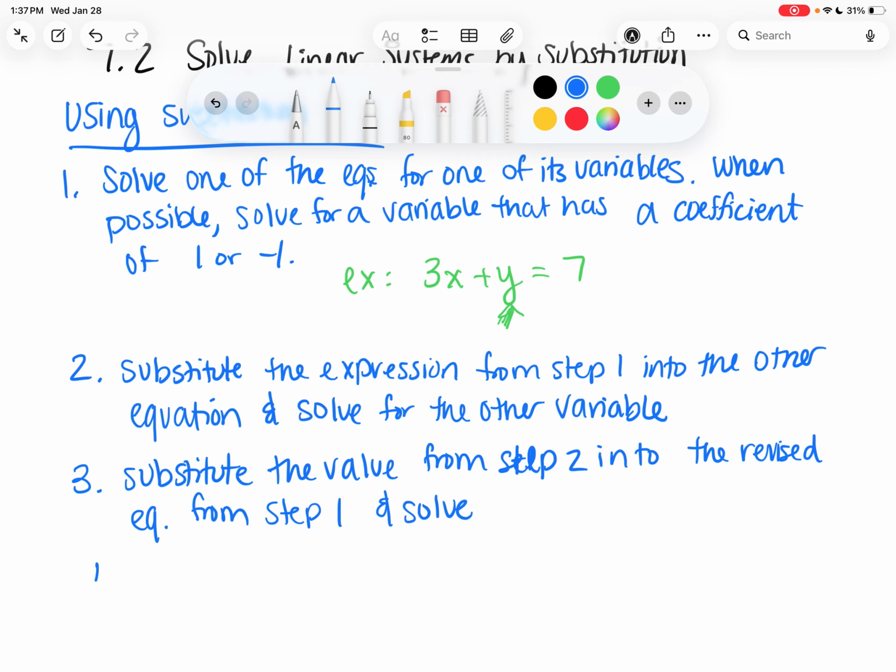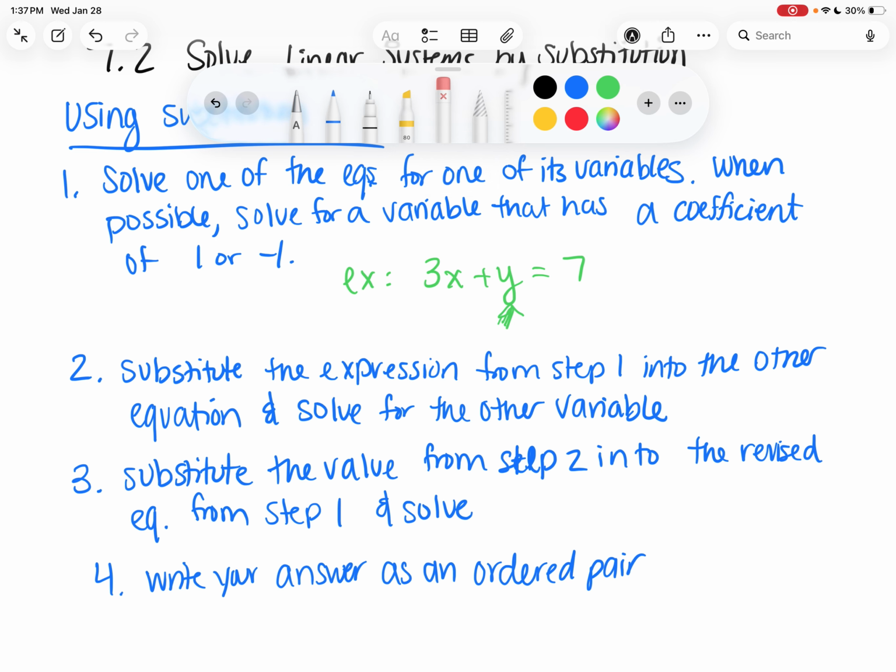And then, I guess I should say ultimately, write your answer as an ordered pair. It's not necessarily step 4, quote unquote, but we'll just call it step 4.